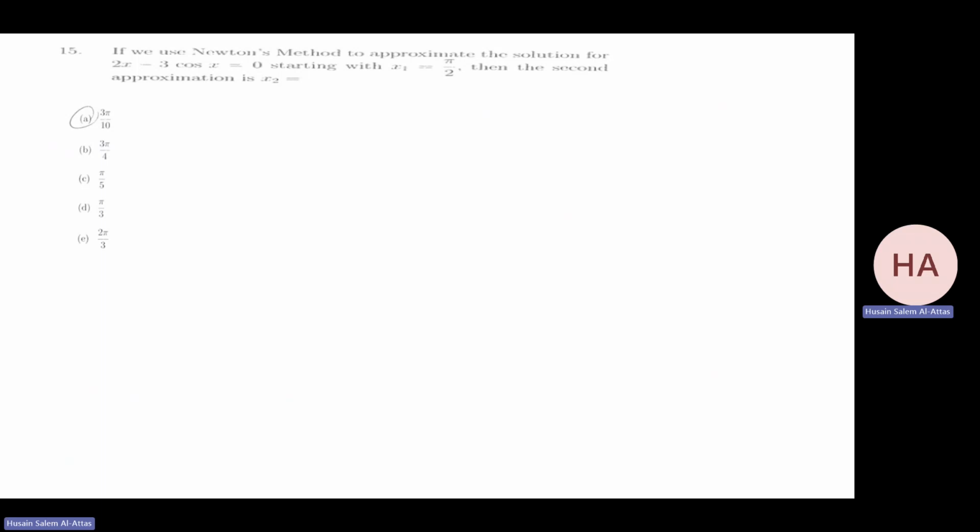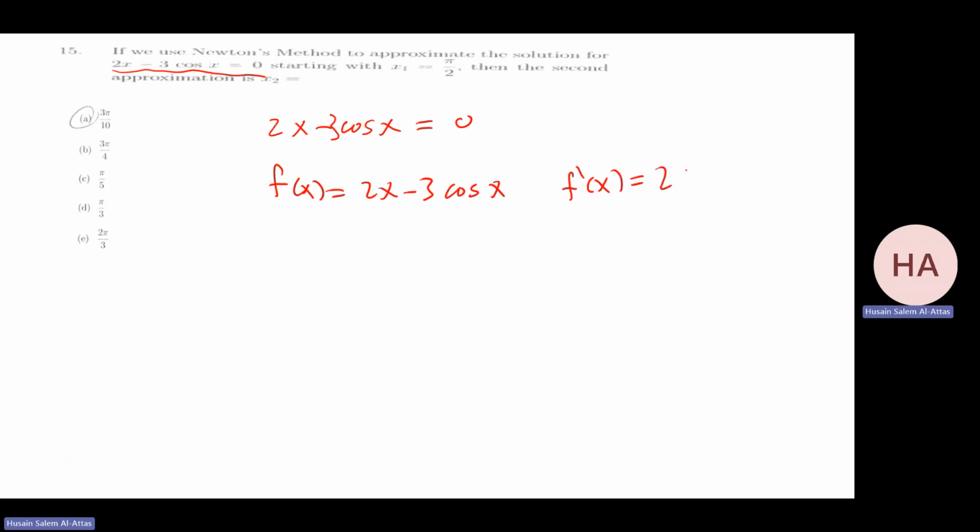If we want to use approximation to approximate the solution of this equation, 2x minus cosine x equals 0 minus 3 cosine x. So my function is this one. Derivative is 2 plus 3 sine x. Okay. Starting point, x1 equal pi over 2. That implies x2 is x1 minus f of x1 over f prime at x1.